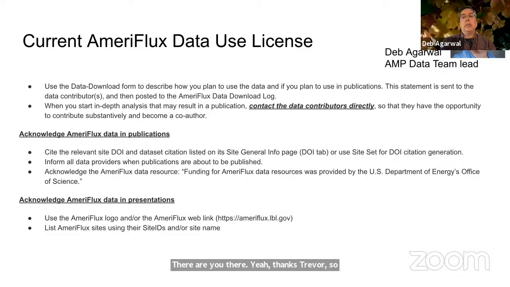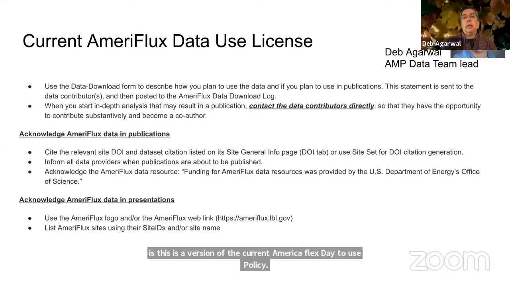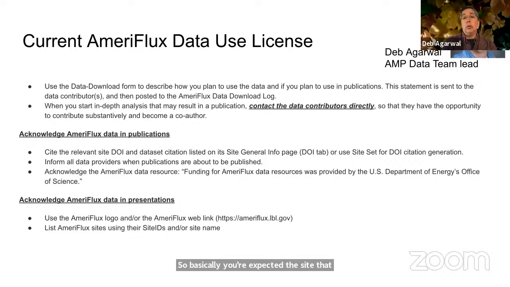This is a little bit updated from the website, but this is a version of the current AmeriFlux data use policy. Basically, you're expected to cite the data for each of the sites that you used. So there's a data set citation. It's available multiple ways. I think Margaret's going to talk about how you can get that most conveniently through the site set mechanism.